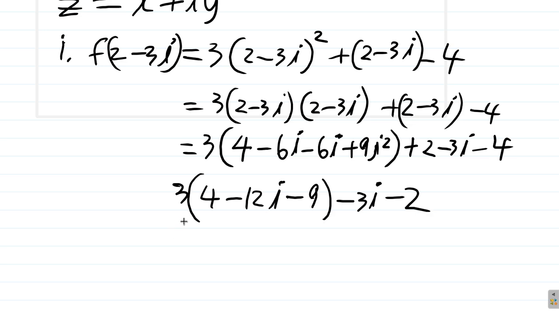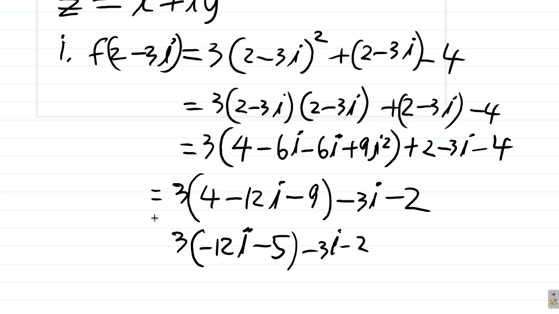So multiply out the brackets now. Oh, let's not multiply out the brackets yet. Let's simplify them first. 3 times negative 12i. 4 minus 9 is negative 5. So this is 3 times (negative 5 minus 12i), minus 3i minus 2.